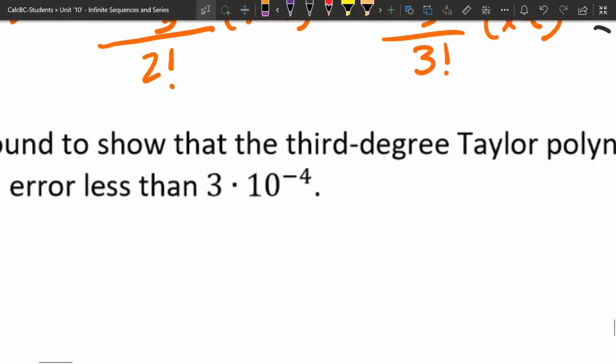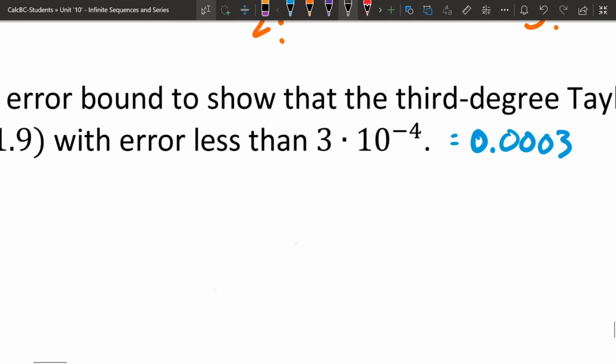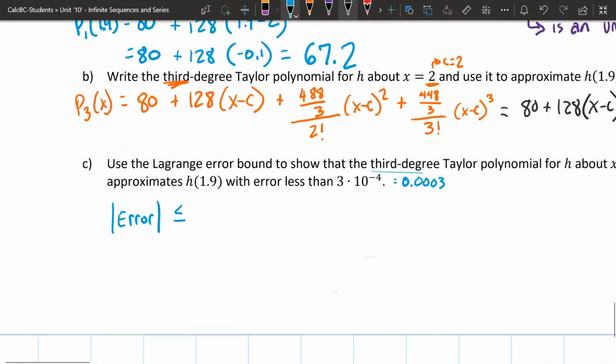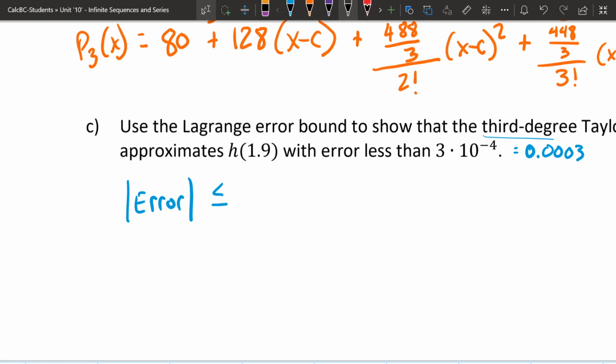All right, so what is that? 10 to the negative fourth, if we do scientific notation, it's going to be 0.0003. All right, so we want to find error less than that. So our error is going to be less than or equal to, and it says we're looking at our third degree Taylor polynomial, just like we did in that last one.